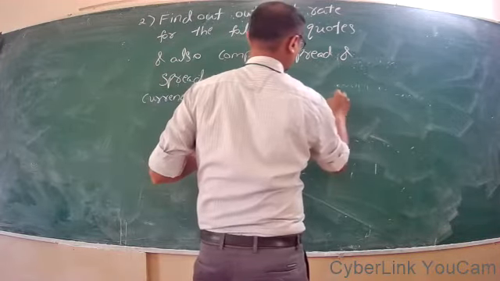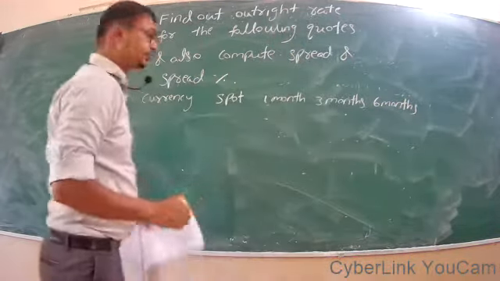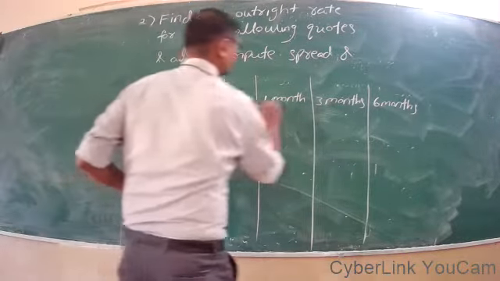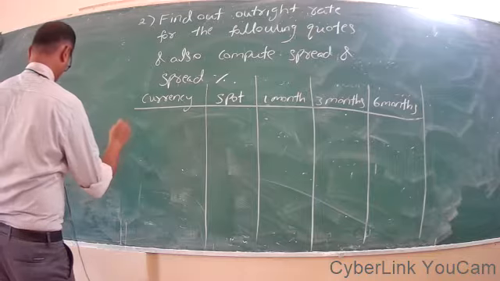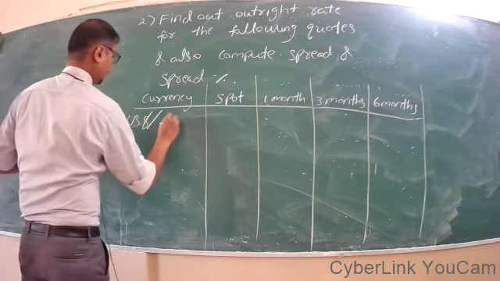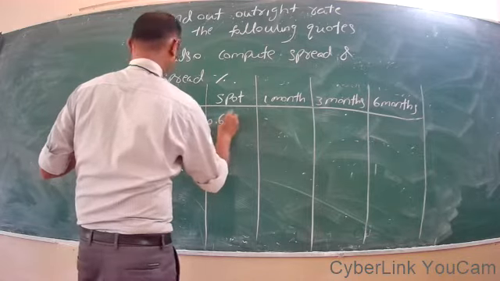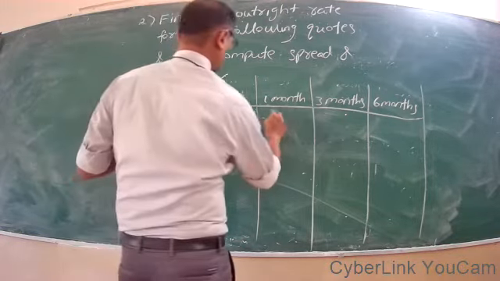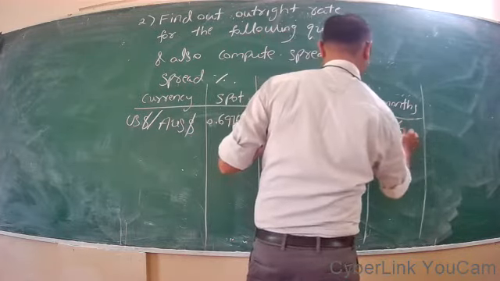The currency given is US dollar per Australian dollar, 0.69768 oblique 784. 1 month 20 oblique 25, 3 months 25 oblique 30, 6 months 30 oblique 25.